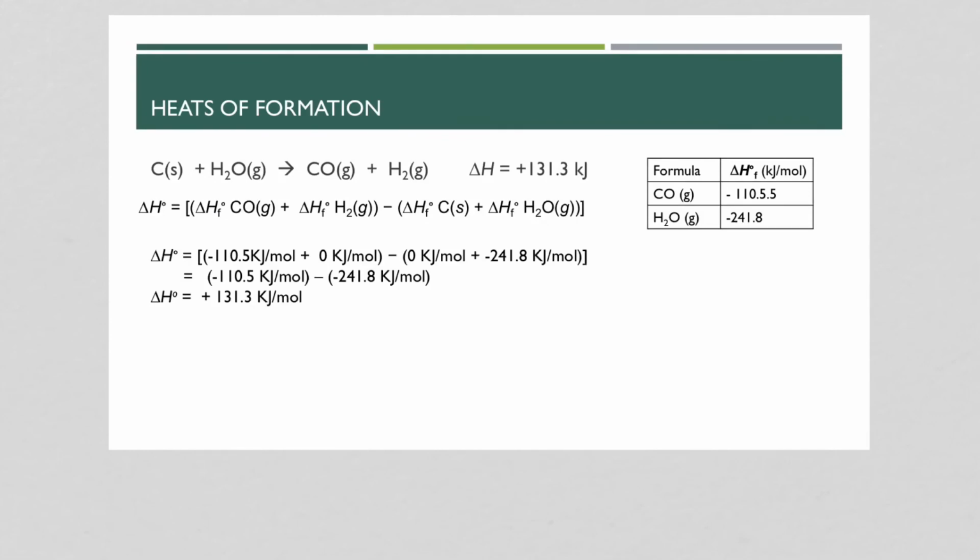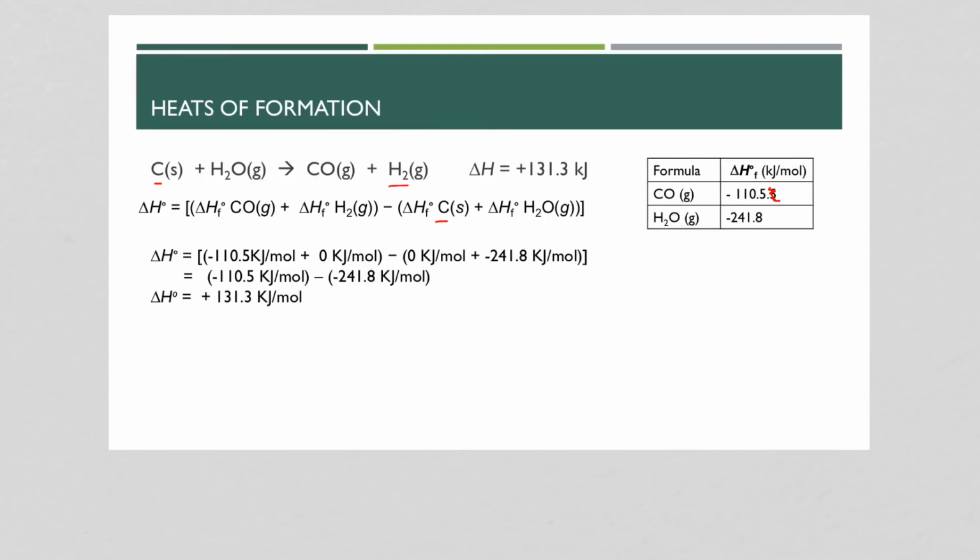So if I were to apply this, I would take my one look up in the table, and CO is minus 110.5. So we got that, plus 0. Remember 0 for the hydrogen, because it's an element. And so we got products minus our reactants.